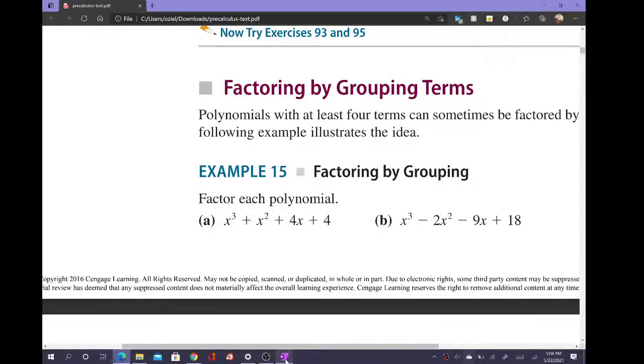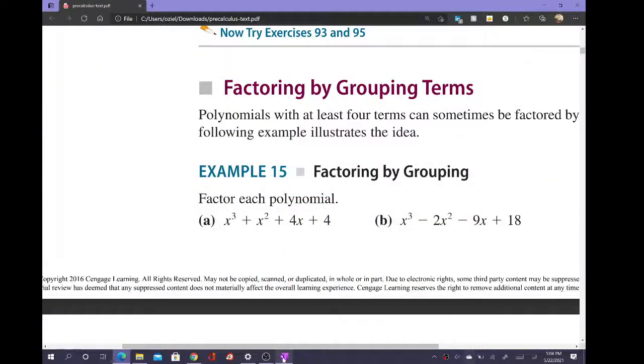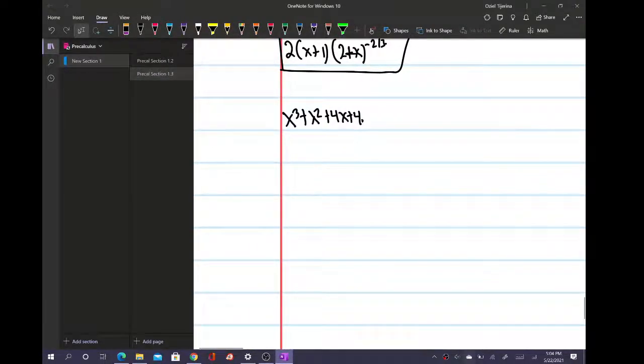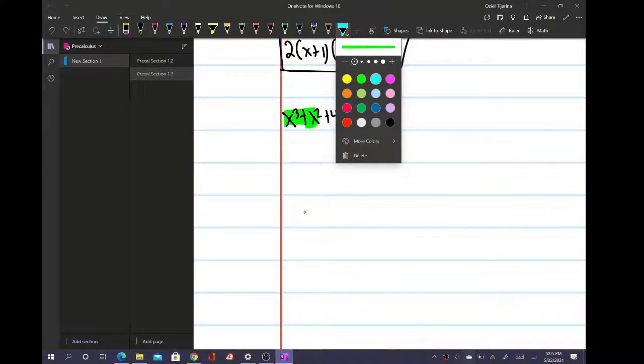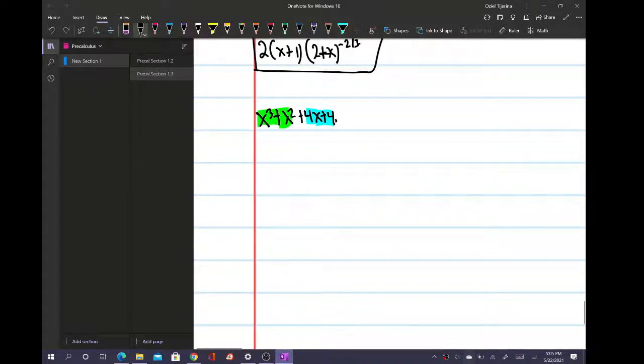So if I have, for example, x cubed plus x squared plus 4x plus 4, I can say the following. So let's go ahead and turn these into an addition of two factors.